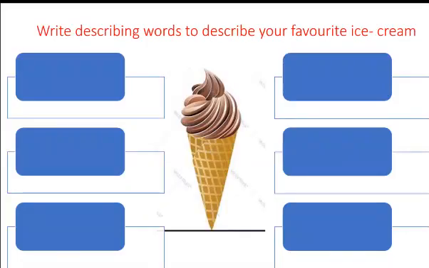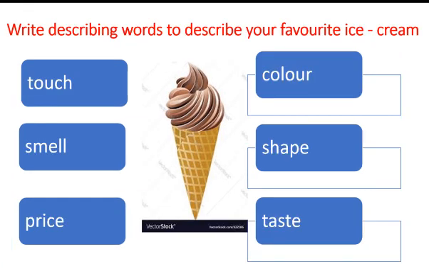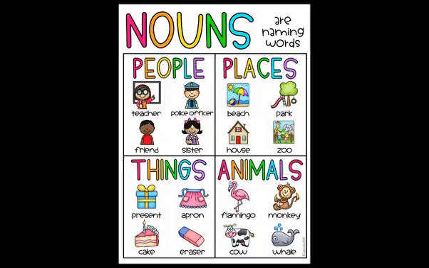A small assignment for you all. You have to write the describing words to describe your favorite ice cream. You can use the hints: touch, smell, price, color, shape, and taste.